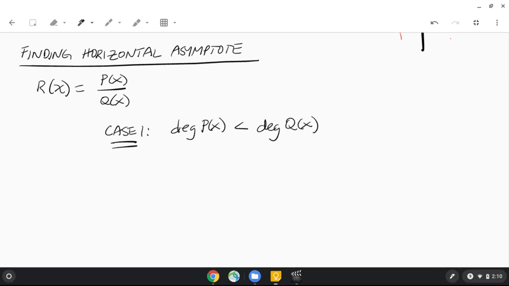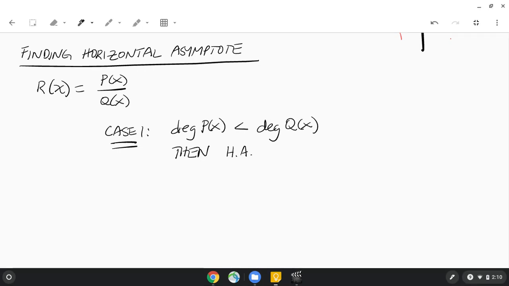Okay, so the degree on top is smaller than the degree on the bottom. Okay, if that's the case, then you will have a horizontal asymptote, I'll just say HA, horizontal asymptote at y equals 0, just automatically at y equals 0.